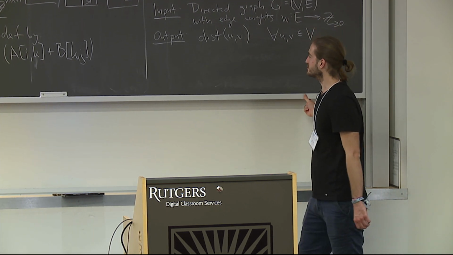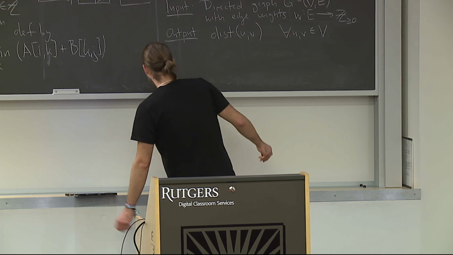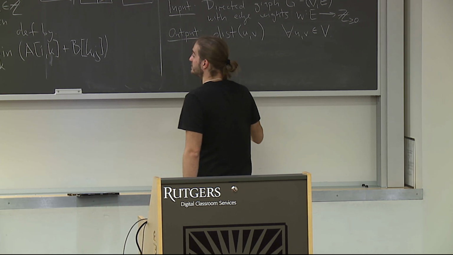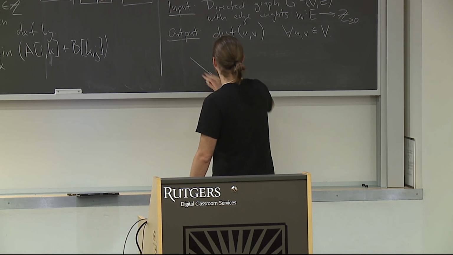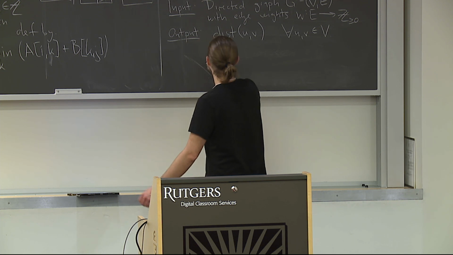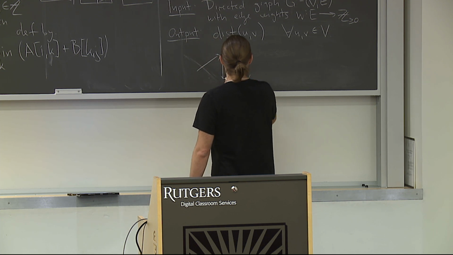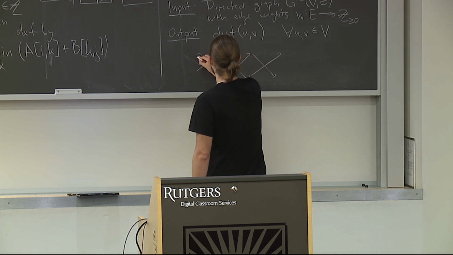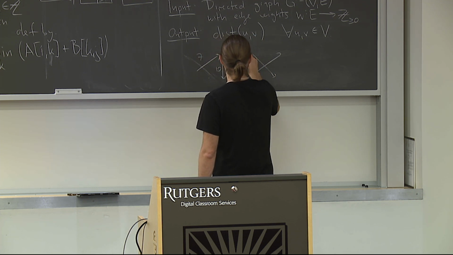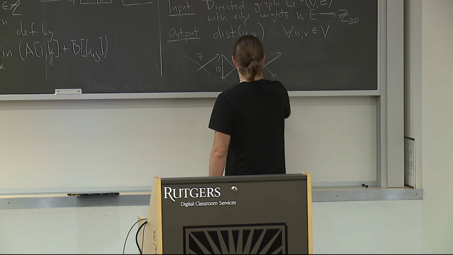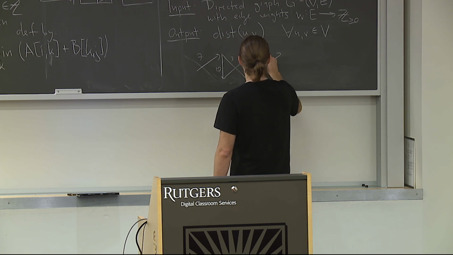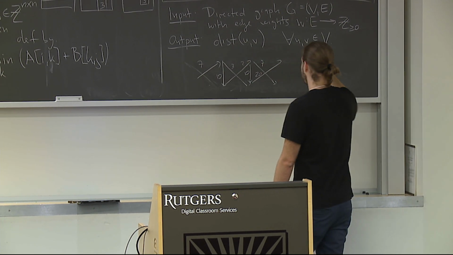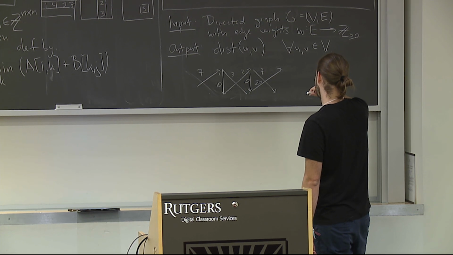Good. So for instance, let me try to reproduce the same graph as already failed. And if you add some edges here, right? What is the shortest path? Oh, that's just one.